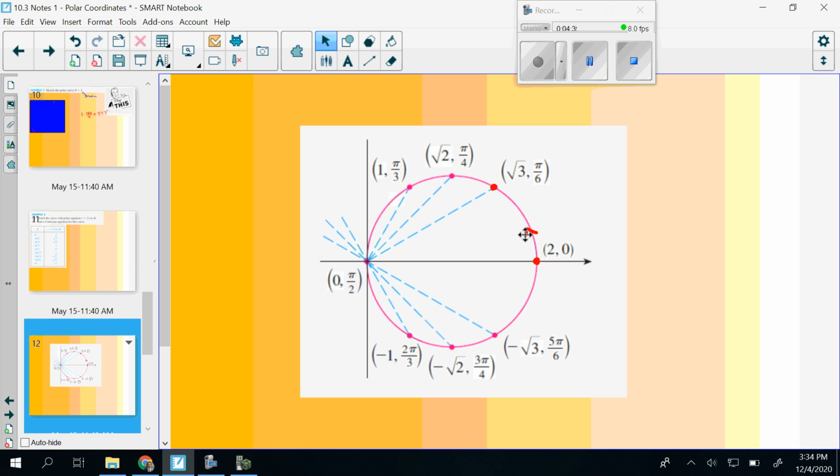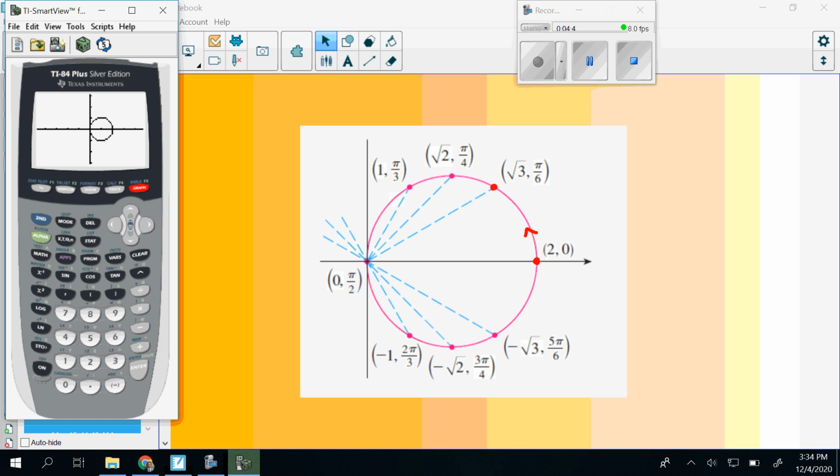You can pull up on your calculator the table, and it'll give you different values here. Now, my calculator is going by ones, which isn't great for this, but these would all be points still on that circle. You can change your table settings here if you'd want to do that. So if you want a table to start at 0 and maybe go up by, let's say, pi over 6, you would get some of these values.